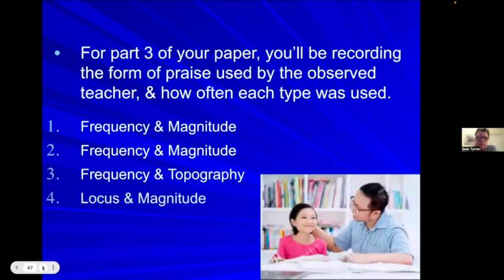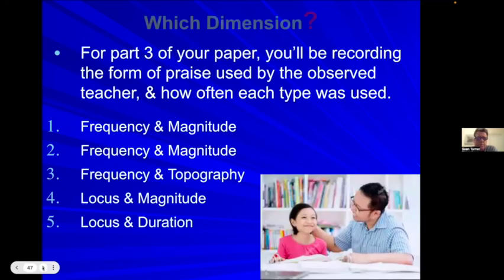So for part three of the paper, we're going to get into that a little bit later on. I don't want to get too much onto that. Oh, this is another example. For part three of your paper, you're recording the form of praise used by the observed teacher and how often each type was used. Which one of these is that?